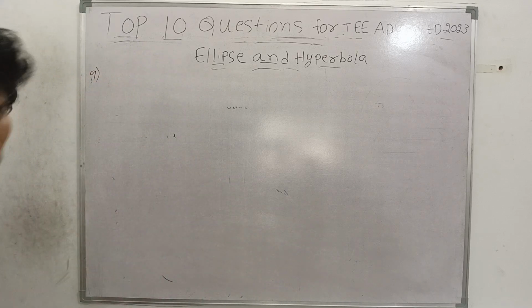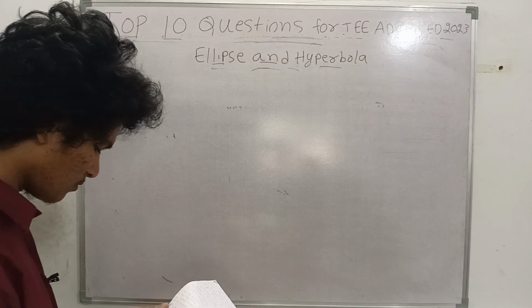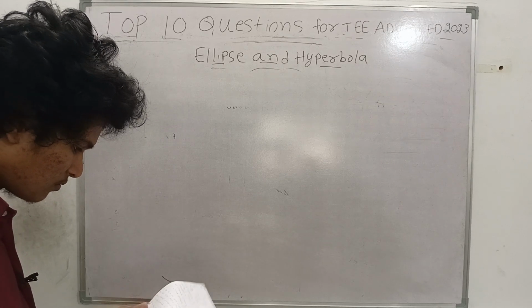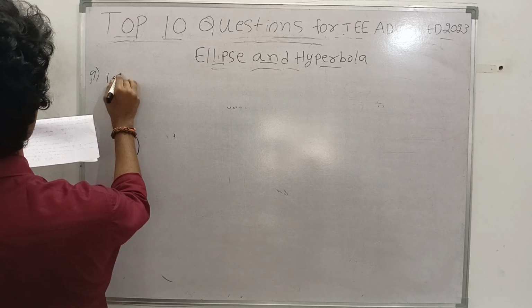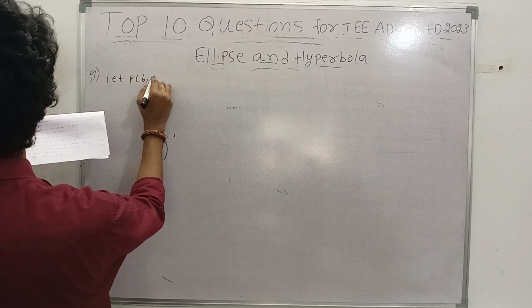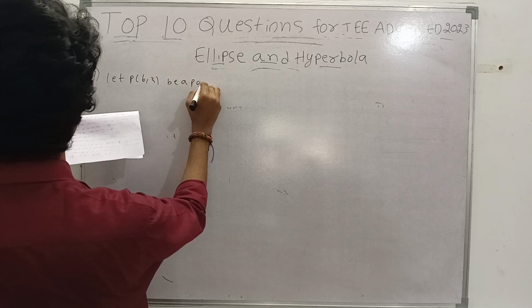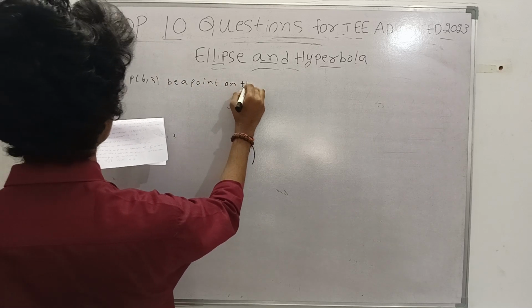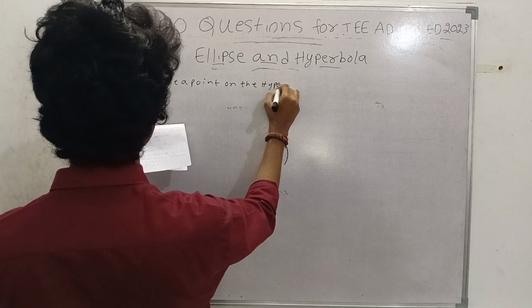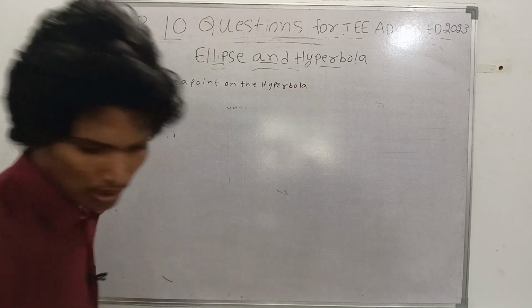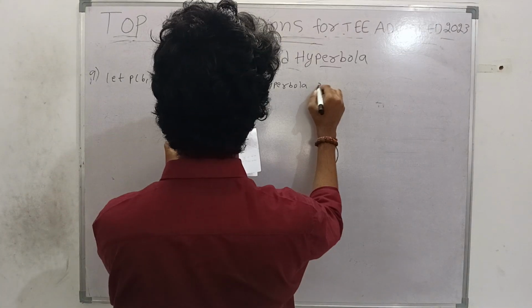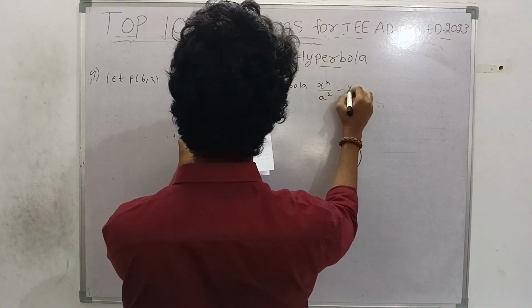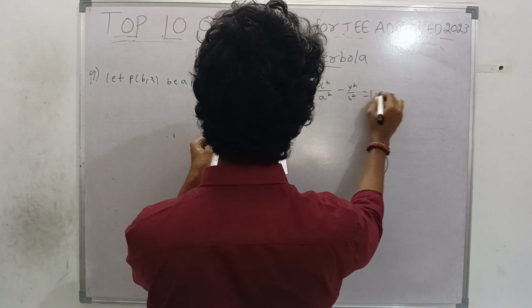And now ninth question. Let P 6,3 be a point on the hyperbola x square by a square minus y square by b square equal to 1.